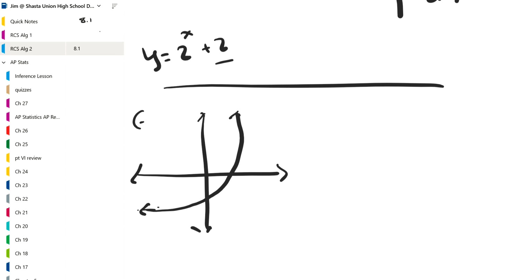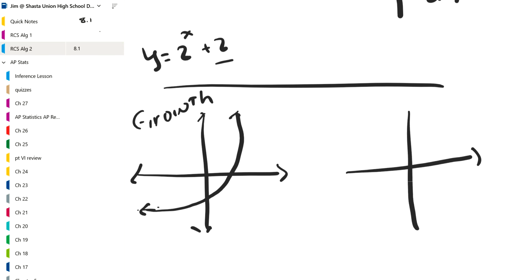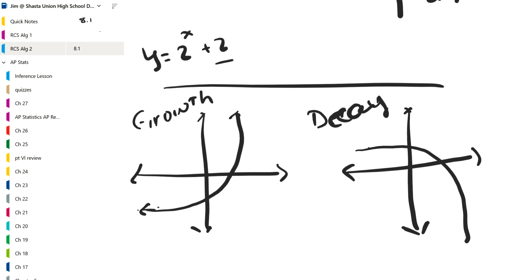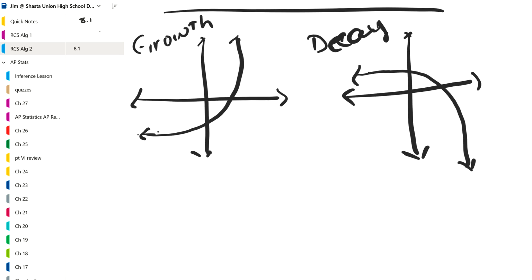So this is growth. And this would be decay. So a decay would look like this.